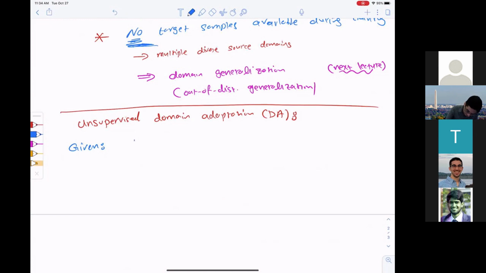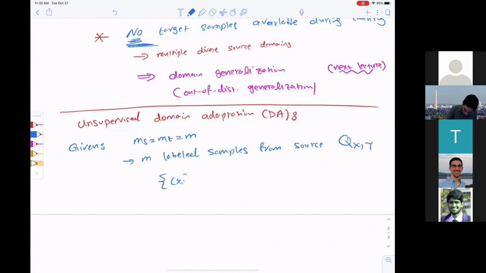So MS and MT are going to be the same as M. So we are given M labeled samples from source distribution Q, X, Y. So these are the samples that I have. I represent them with X_S, Y_S.